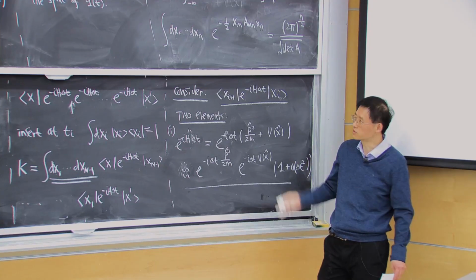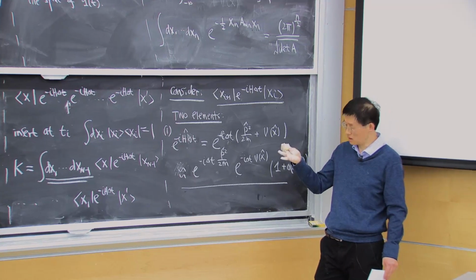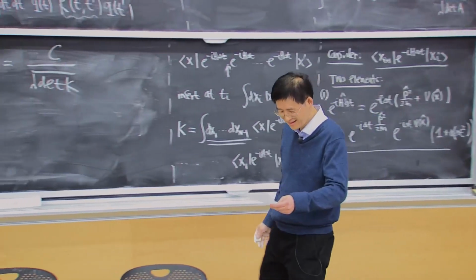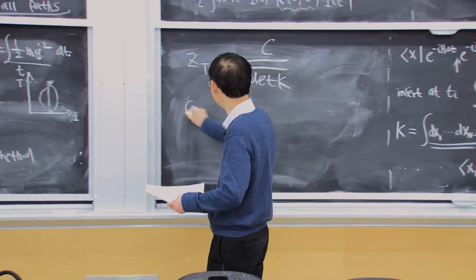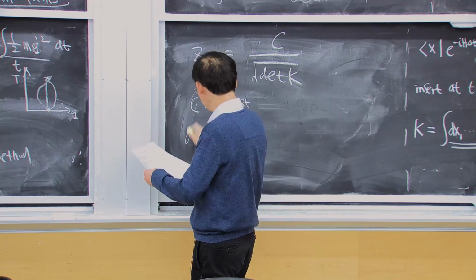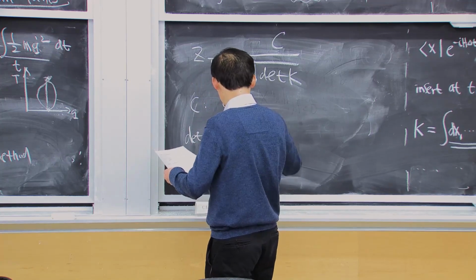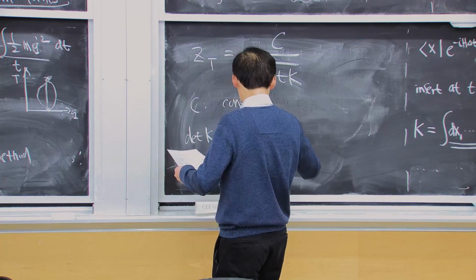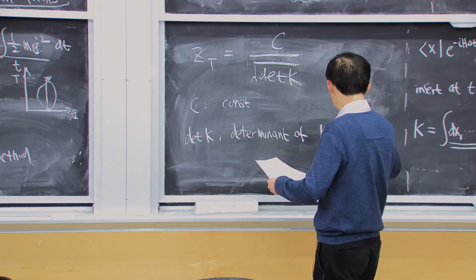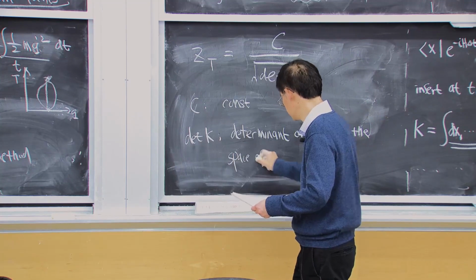So the only unfortunate thing is that both C and the determinant of K are actually divergent. So C is some constant, and the determinant of K is the determinant of K in the space of functions.